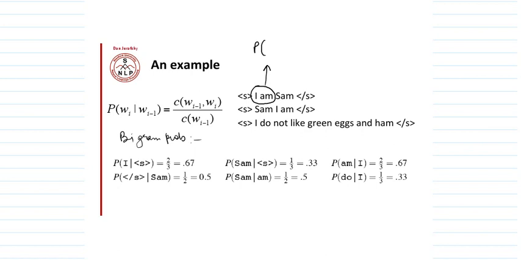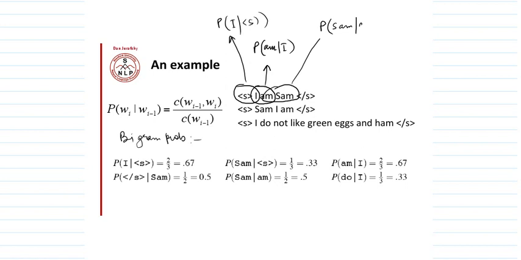The probability of I am is actually, bigram probabilities are like this: am given I. Similarly, probability of I given start, and another bigram probability is Sam given am.